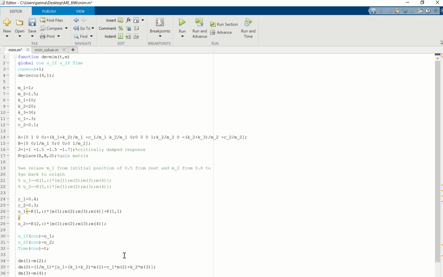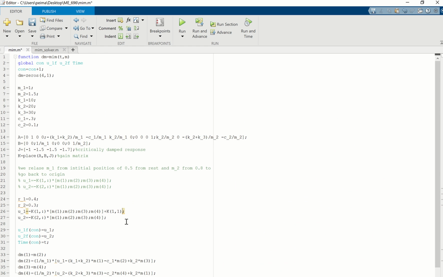times R1. And now the second one is going to be K, 2 and 1, the second row, as I showed, and the first element again, times R2.